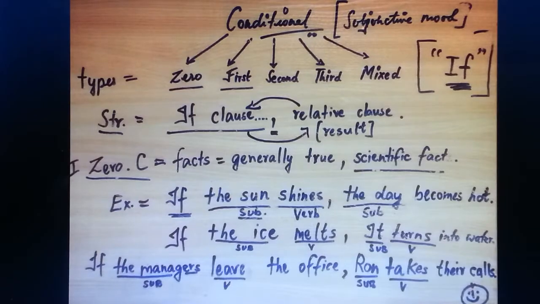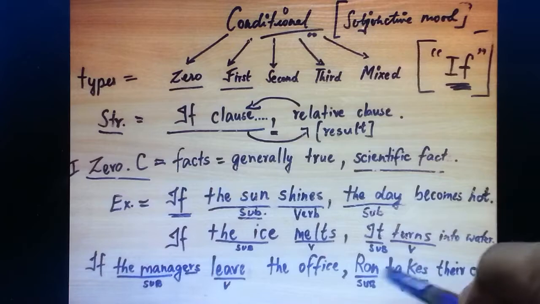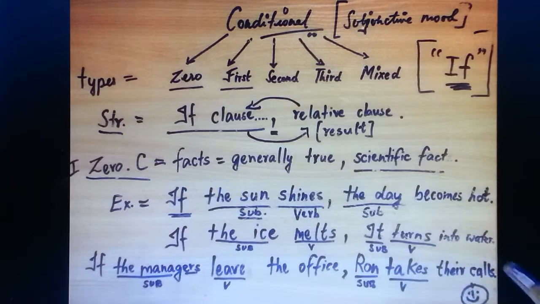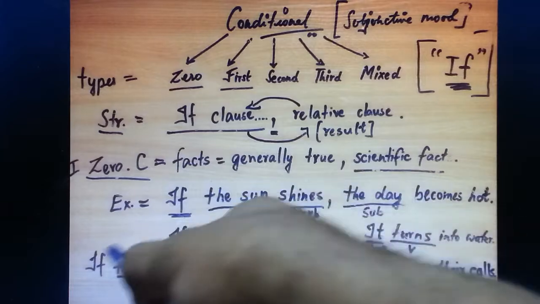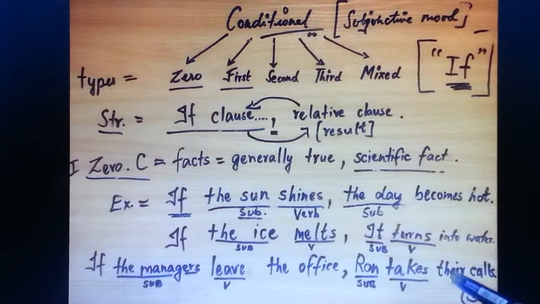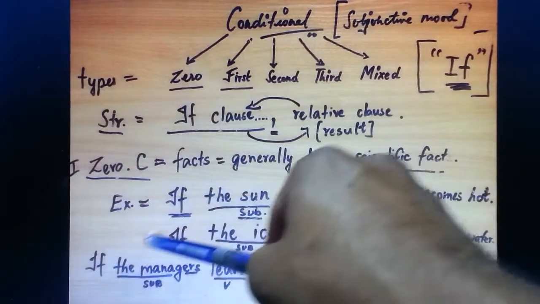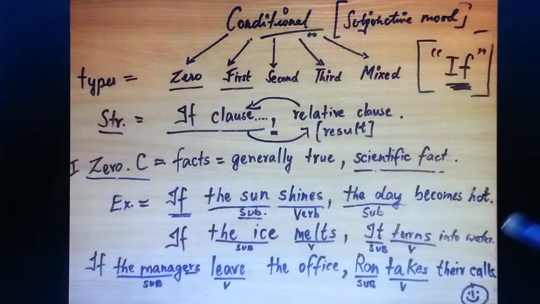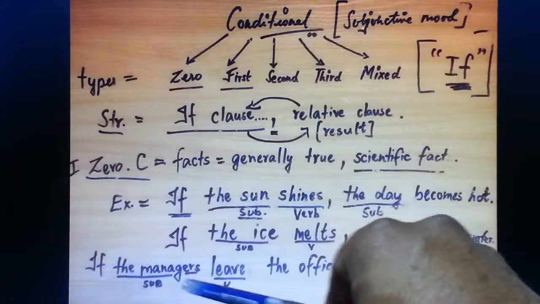So what we have to do in this case, when you interchange these sentences, when you start the sentence with a relative clause and then end with an if clause, you should remember that the first information should be exact so that the person understands what you are speaking about. So here we have to change this pronoun. This is a possessive pronoun, of course. You have to change this pronoun to a noun, and this noun you have to change to a nominative pronoun.